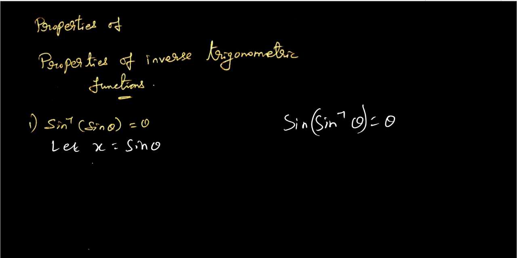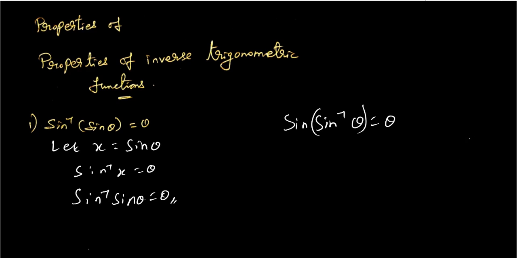So that the sin, if we bring here, it will become sin inverse of x is equal to theta. So in place of x, if we substitute sin theta, it will become sin inverse of sin theta equal to theta. So sin inverse of sin theta equal to theta has been proved.